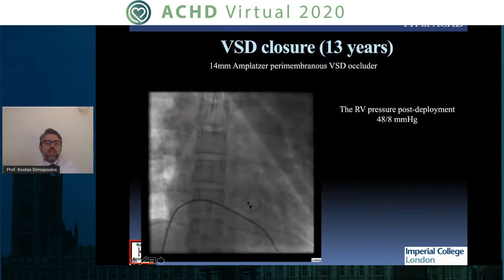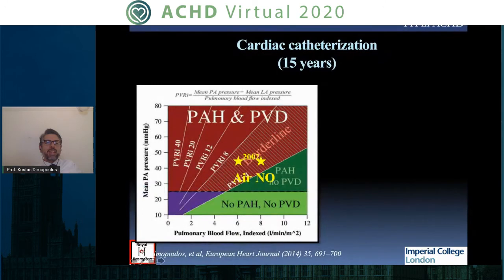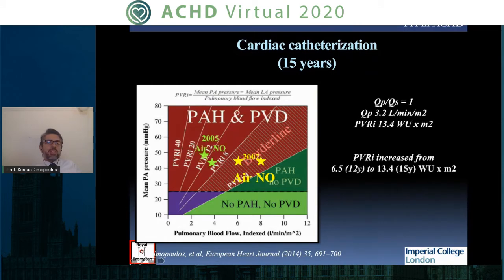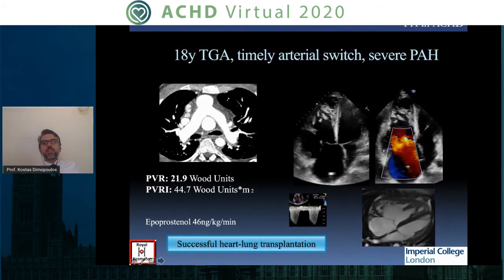You can see the closure device there, and the catheter was repeated a couple of years later. You would expect that closing the defect would have improved the hemodynamics. Instead, the PVR has risen after closing the defect. So it is very difficult to use just hemodynamics to decide and to prognosticate on how patients will behave after defect closure.